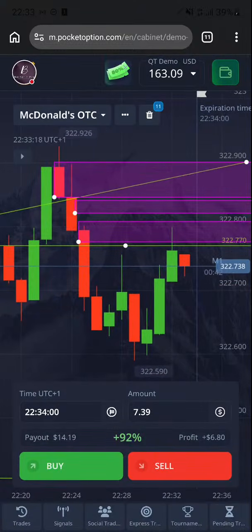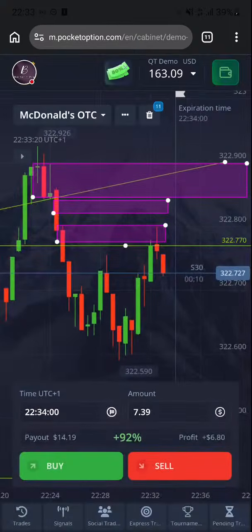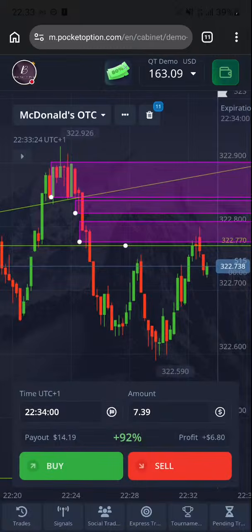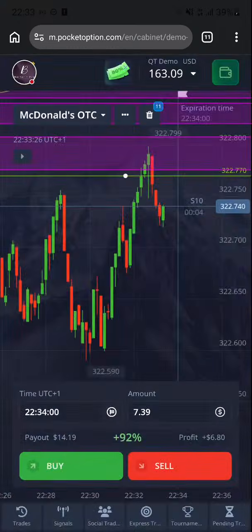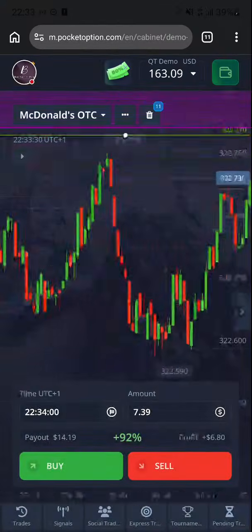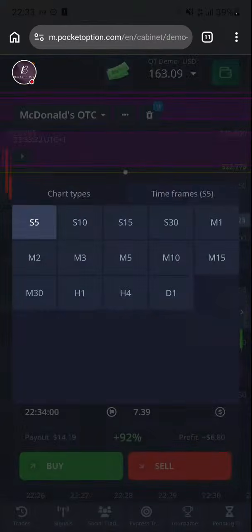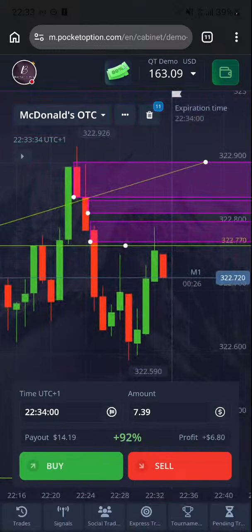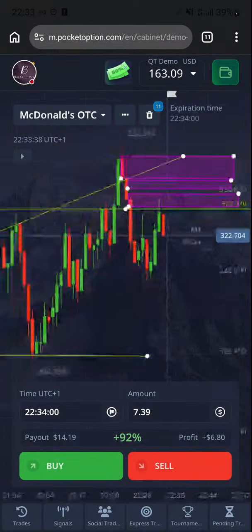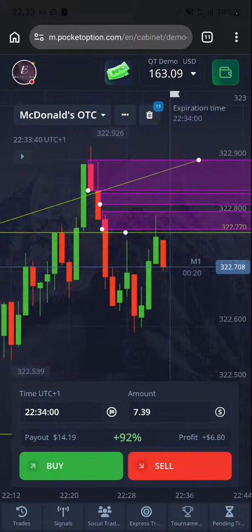So I went to a lower time frame to check the entry areas, and you can see I was able to find one in S10, then the other one I found maybe in S5 or so. So I marked all those entries, and that's the reason why you can see I took the trade right here. You understand? Though it's a risky trade, I still took it anyway.